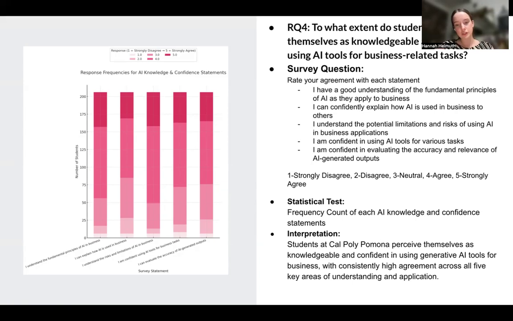The overall interpretation of this graph is that the majority of the students at Cal Poly perceive themselves as knowledgeable and confident in using Gen AI tools for business, with consistently high agreement across all 5 key areas. You can see most people are voting anywhere from 4 to 5, which is agree to strongly agree. So they highly agree with these statements.